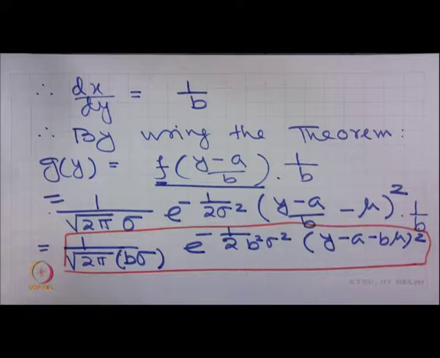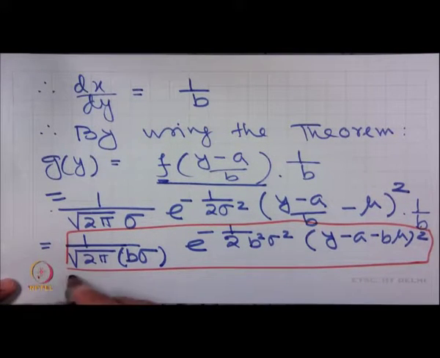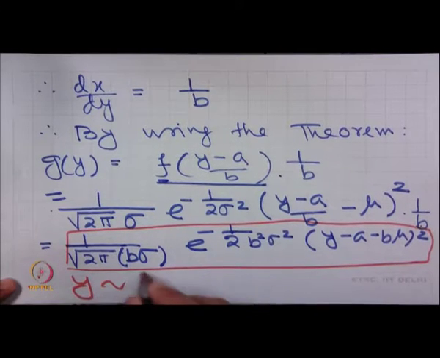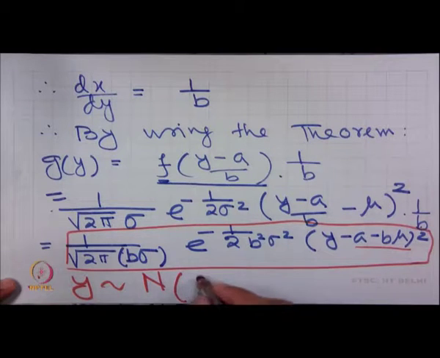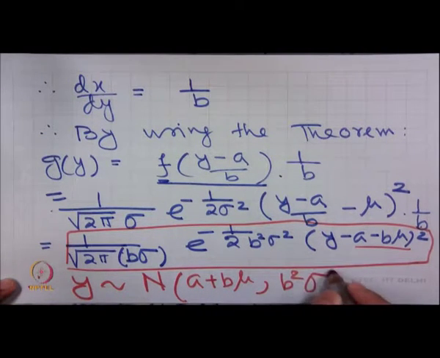What can we say from here? We can see that y is normal with mean equal to a plus b mu and variance equal to b square sigma square.